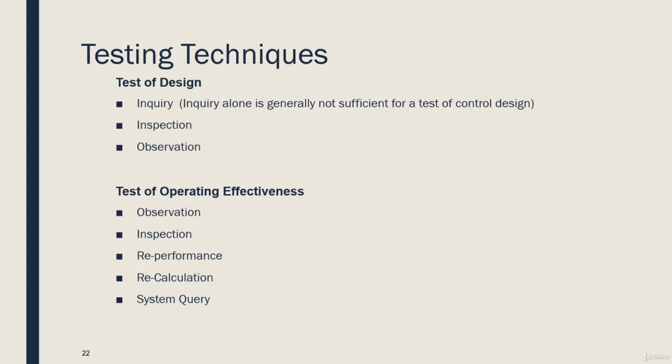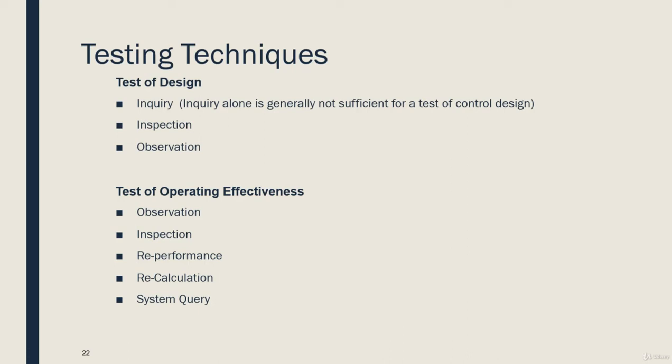You have to use at least 2 of these methods for test of design because inquiry alone is never sufficient for test of design. In cases where it is absolutely impossible to inspect evidence or observe processes, it might be acceptable to perform what is called a corroborative inquiry, which means asking 2 or more people the same set of interview questions in order to determine if their responses regarding the process and control are the same.